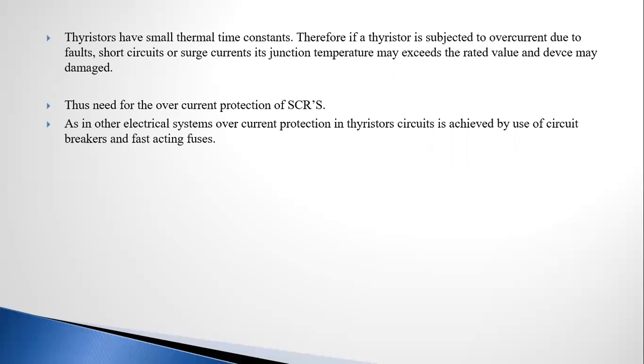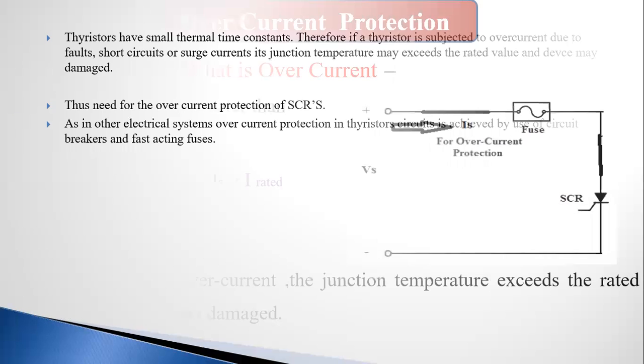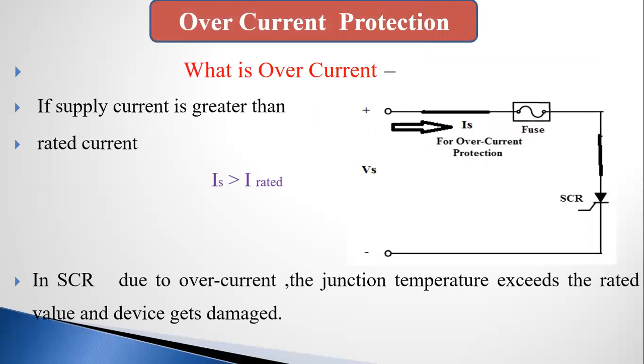So the overcurrent protection of SCR is required. As in other electrical systems, current protection in Thyristor circuits is achieved by use of circuit breakers and fast acting fuses. So in this scheme, we have connected the fuse for protecting the SCR against the overcurrent.